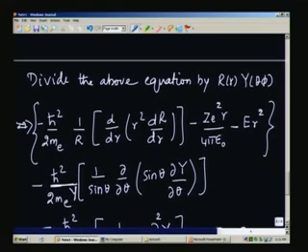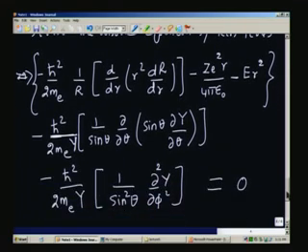Okay. So now you have an equation which, if you look at it carefully, has a term which depends only on the r and has two terms which depend only on theta and phi, and remember that r, theta, phi are independent coordinates.